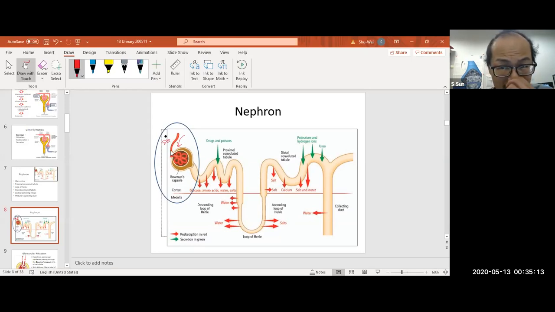This pressure is pretty high, about 60 mmHg. So that's very high, and it doesn't drop too much from our large artery. That 60 mmHg provides large pressure.